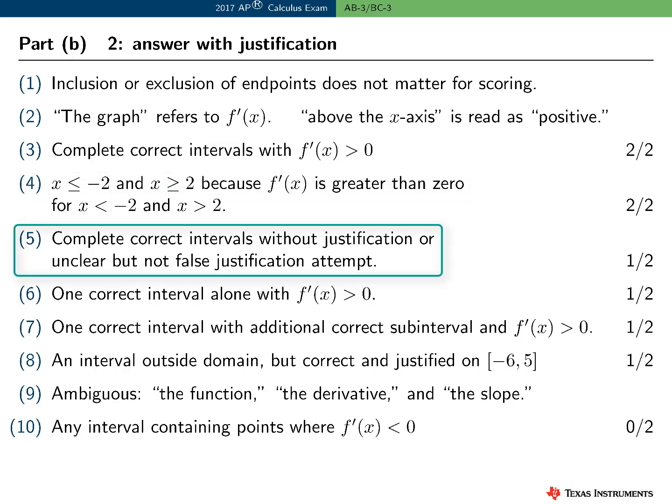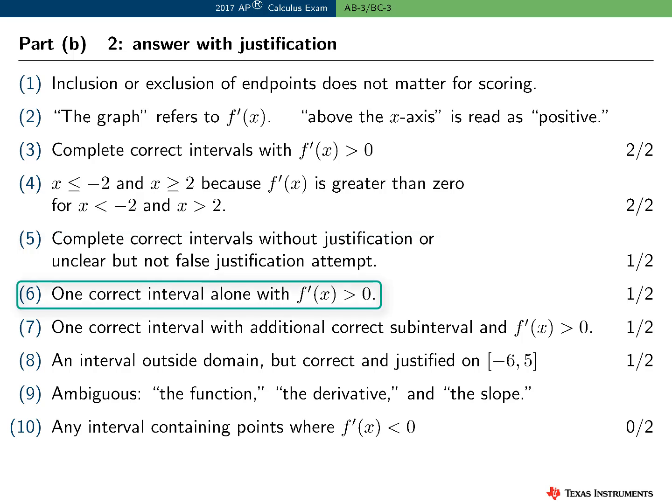If the student provides complete correct intervals without any justification, or a fuzzy but not false justification attempt, they earn 1 out of the 2 points. If the student provides only one correct interval, but the correct justification that f prime of x is greater than 0, they would earn 1 out of the 2 points.